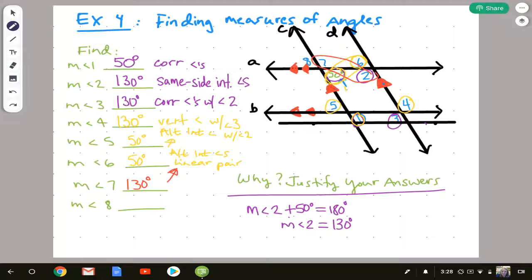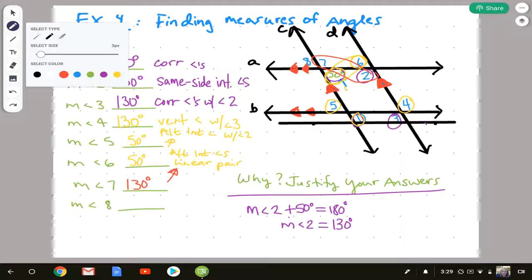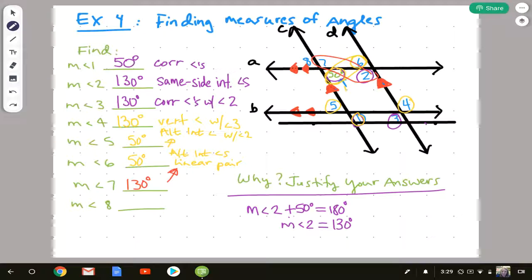And then finally, measure of angle 8. Either I will look at it as vertical angles with the angle that's marked 50, or I will think of angle 8 and angle 7 as being linear pairs, and I know they're supplementary. So measure of angle 7 was 130. 130 plus 50 would give me 180.